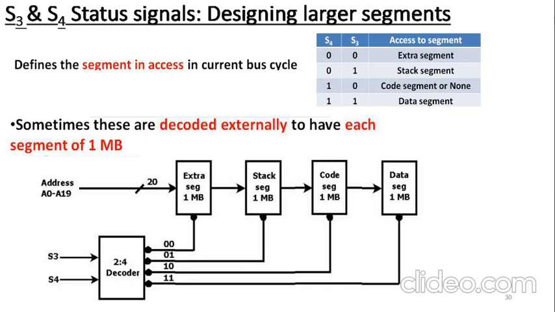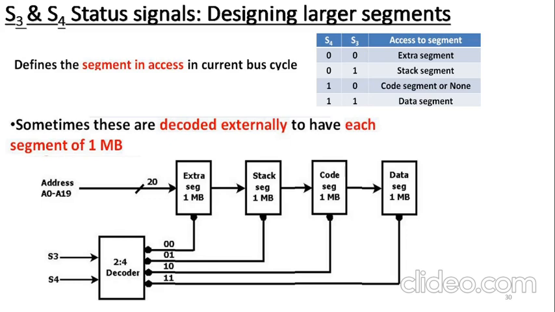As per the table also, 1, 1 is selecting a data segment, a memory space of another 1 megabyte. It means that the demultiplexed address is connected to all four 1 megabyte memory sections, whereas selection of each memory section in the form of a segment will be from the output of the 2 to 4 decoder, and the input for that decoder is nothing but the status signals S3 and S4.